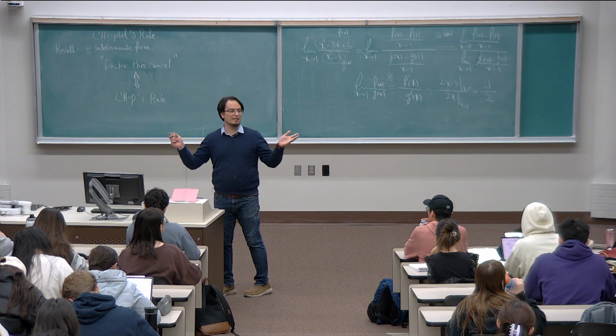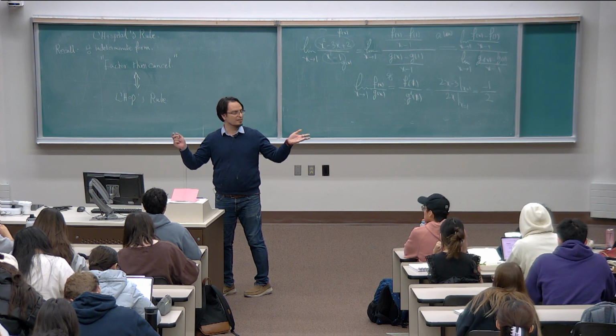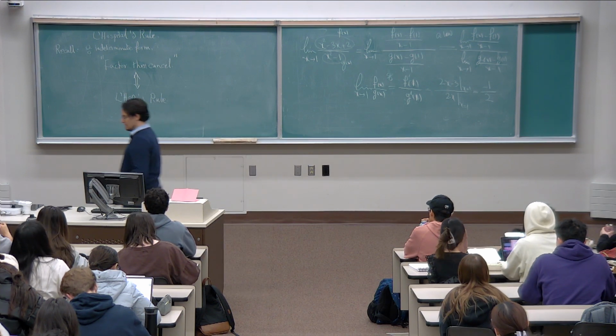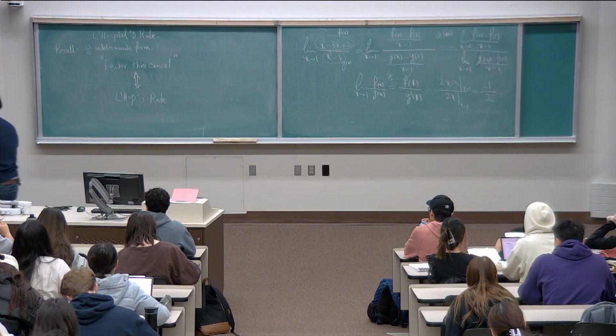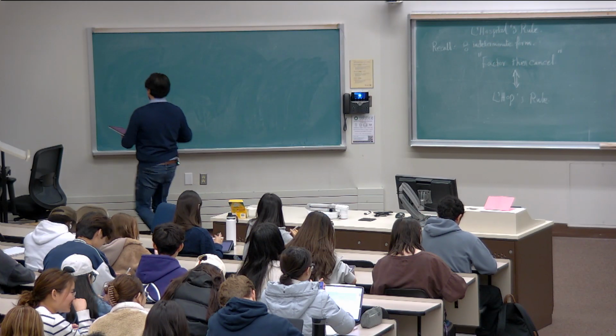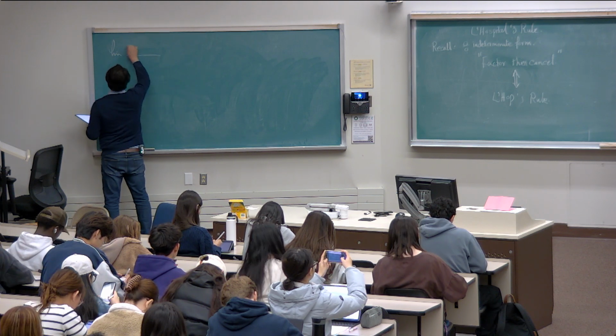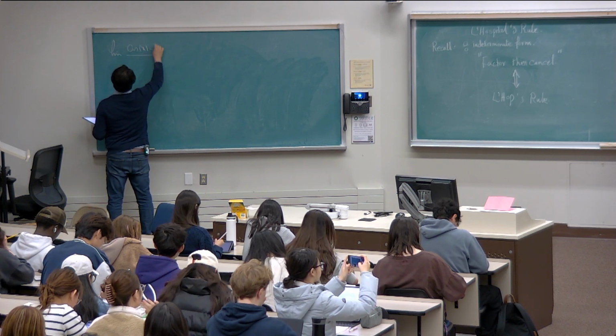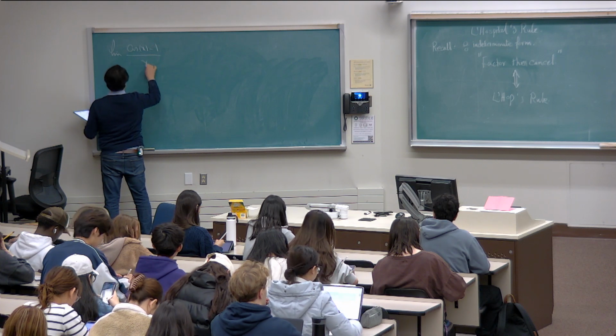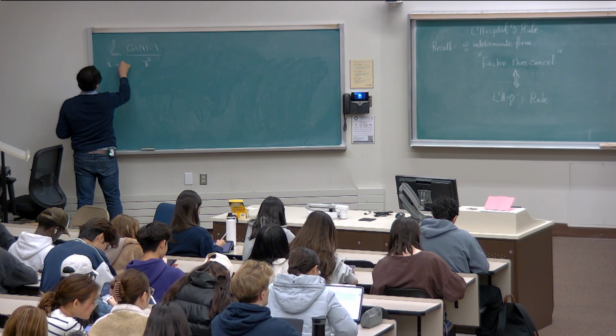Does that make sense? Yeah? Okay. Let's see some example or examples. Find the limit of cosine x minus 1 over x squared as x goes to 0.